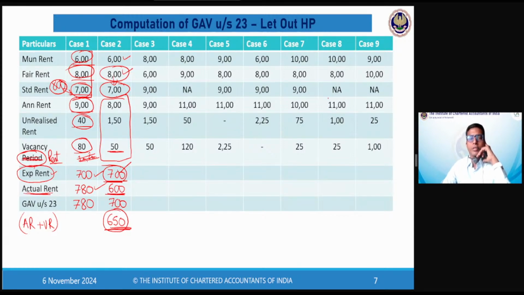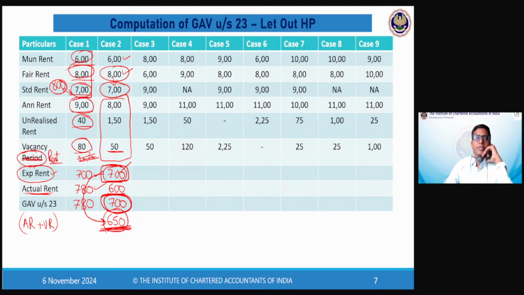It is some other cause. So even after adding vacancy rent, as I've done here, my expected rent, which is 700, is still greater than this. It means expected rent is higher because of some other reasons, not because of vacancy. And in that case, my GAV is the expected rent because vacancy is not affecting this.